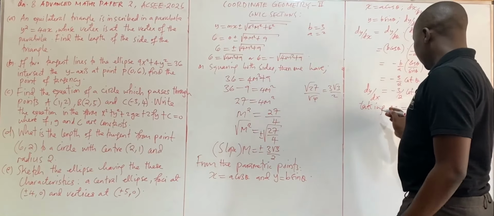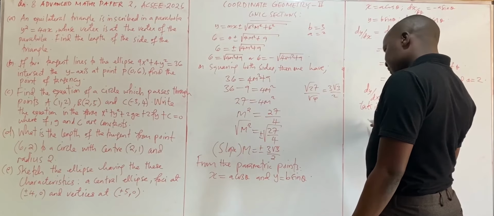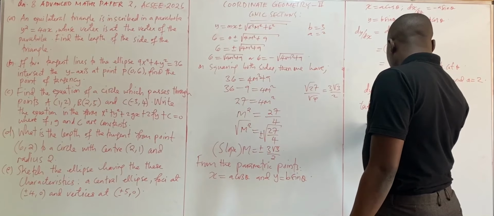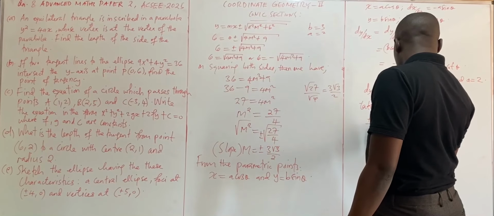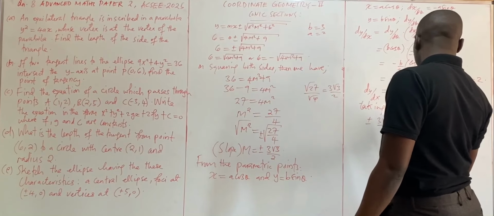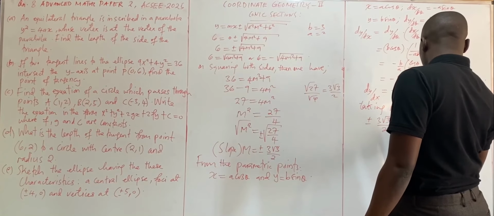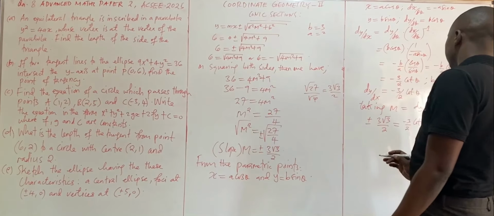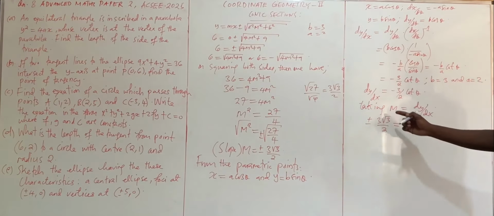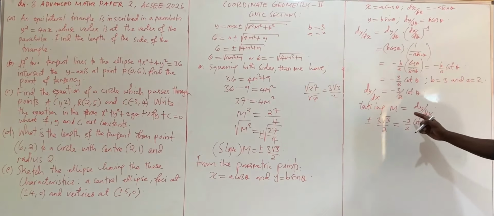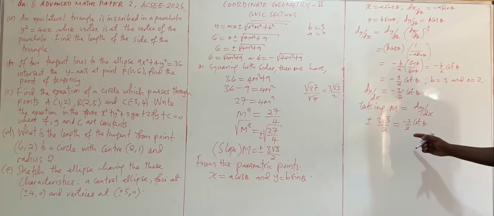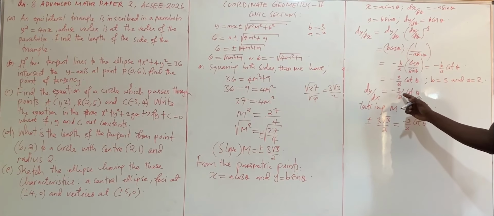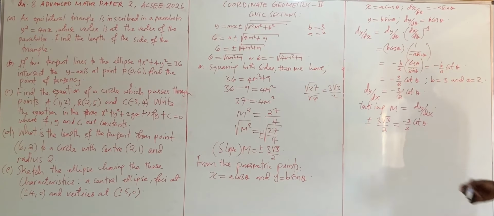So now we can say positive or minus 3 root 3 over 2 equals negative 3 over 2 cot of theta. This is m here, and this one is the slope of the ellipse, that is negative 3 over 2 cot of theta.